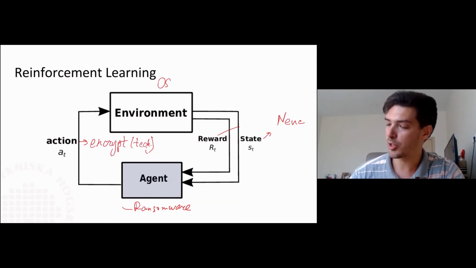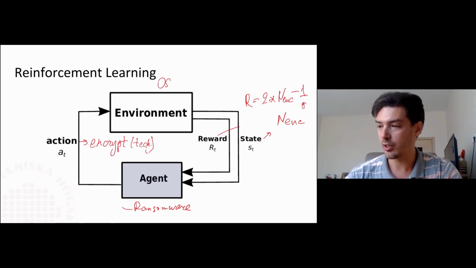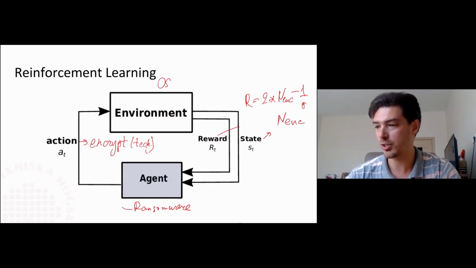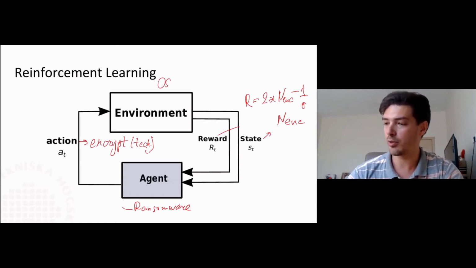In this particular case, the reward will be, for example, 2 multiplied by the number of encrypted files, minus 1. Minus 1 means we need to deduct some score because we run this iteration, which takes some resources, and so we need to minimize the number of actions to encrypt all the files. We're going to talk about the reward function a little bit later.